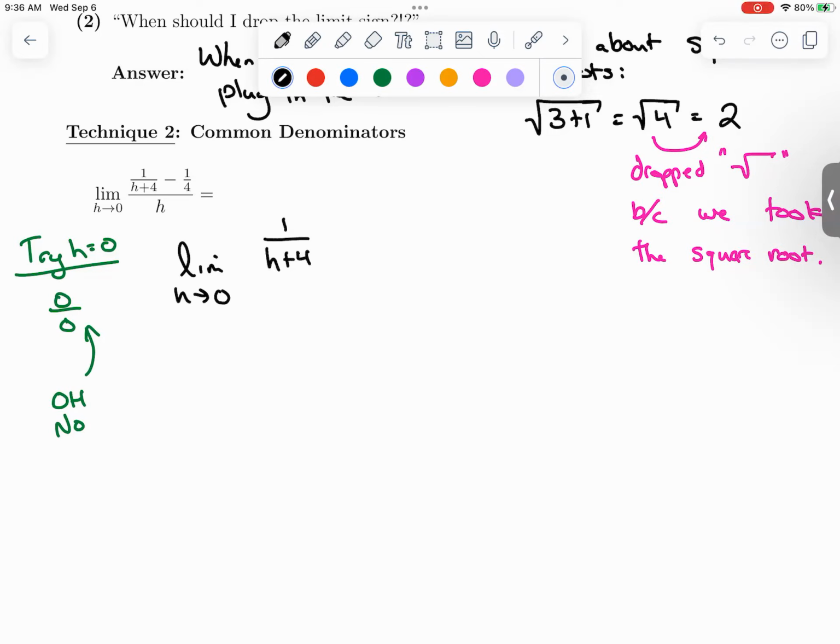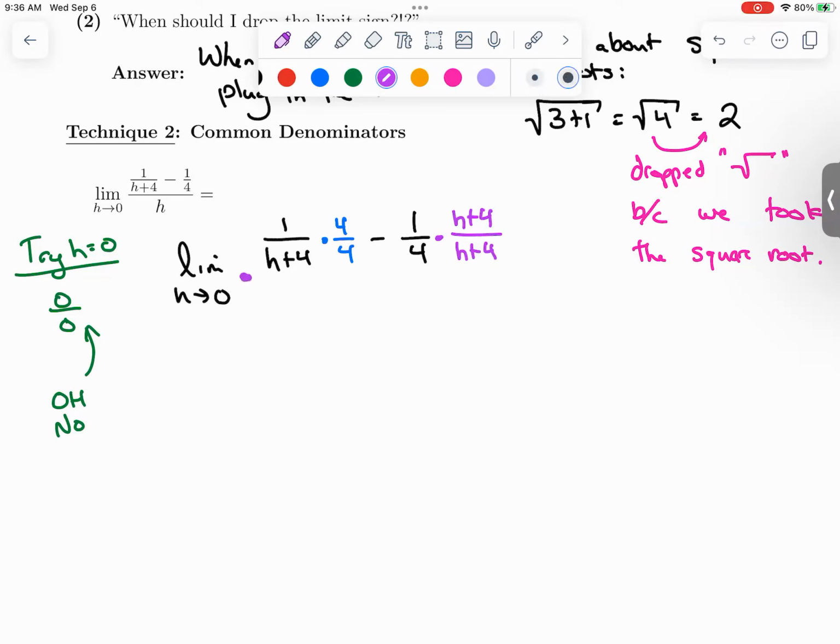The common denominator here would be 4 times h plus 4. So the first fraction is missing a 4 over 4. The second fraction is missing an h plus 4, so we'll multiply its numerator and denominator by h plus 4.